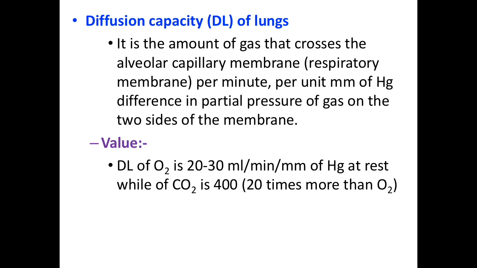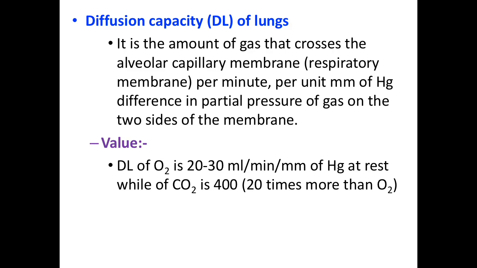Next is diffusion capacity of lungs. It is the amount of gas that crosses the alveolar capillary membrane, or simply the respiratory membrane, per minute per unit millimeter of mercury difference in partial pressure of gas on the two sides of the membrane.